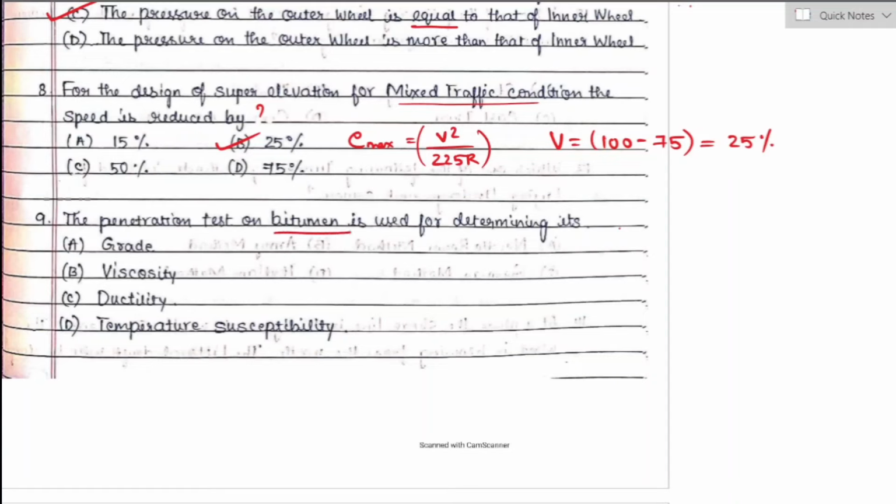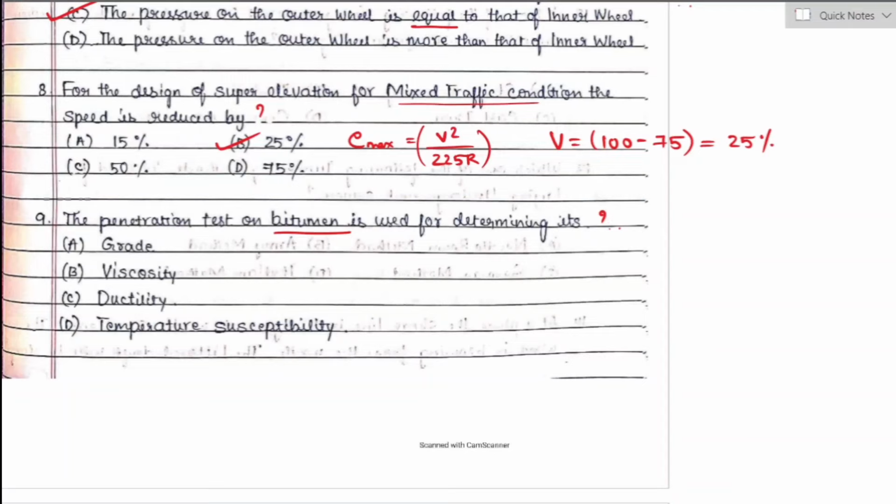Question number 9. The penetration test on bitumen is used for determining its. Penetration test is carried out to know the hardness or softness of the bitumen used in road construction by measuring the distance, in tenths of a millimeter, to which a standard needle will penetrate vertically into a sample of bitumen under stipulated conditions of temperature, time and loading.